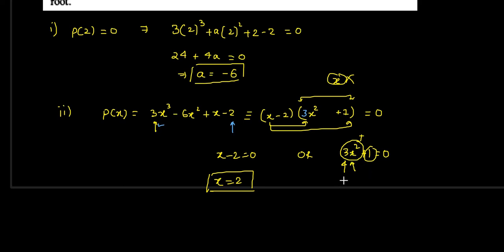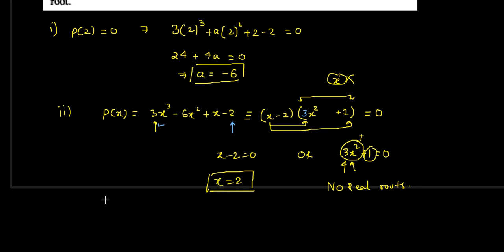So what we conclude here is that this equation 3x square plus 1 equal to 0 has no real solution or no real roots. So for this cubic polynomial, I have only one real root, which is from x minus 2.